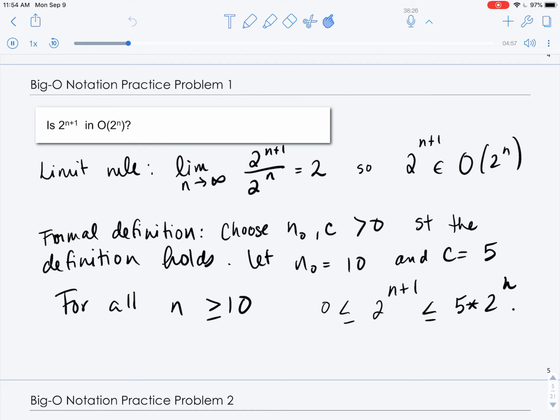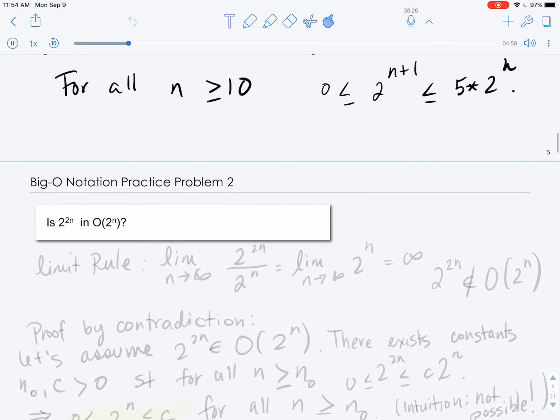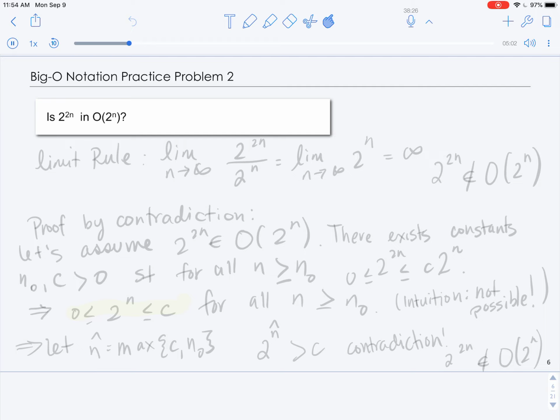Now, let's consider if 2 raised to the 2n is in big O of 2 to the n. First, let's apply the limit rule.